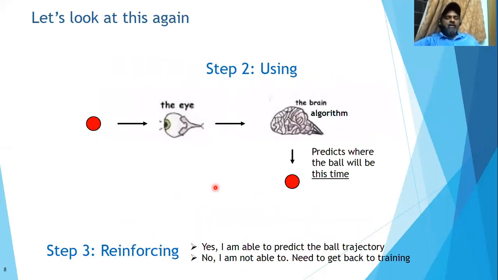Once you train, then during a match, when they see a ball, their brain automatically picks up where the ball will be. Another thing that happens is that with every such instance, a reinforcement happens. If their prediction is right, it reinforces that the algorithm works. Or if the prediction is wrong, it tells the brain that they need to go and get some more. That's how our brain operates.